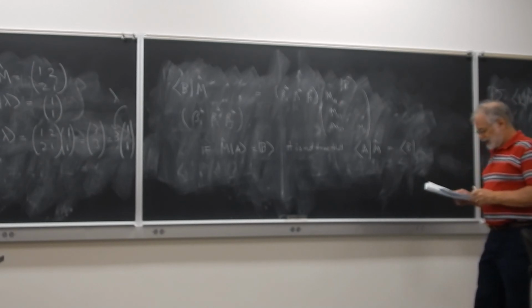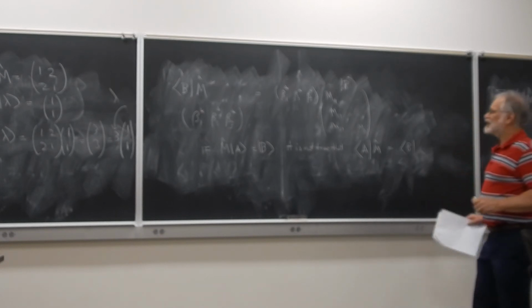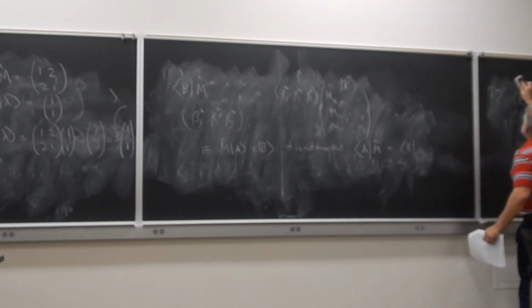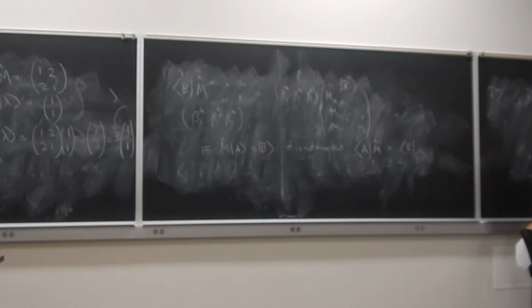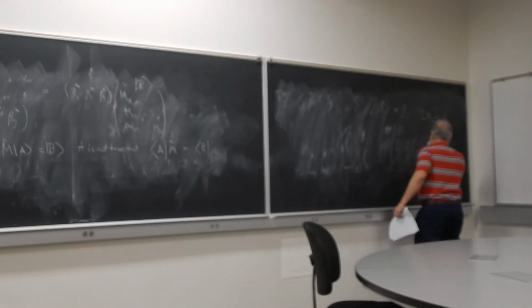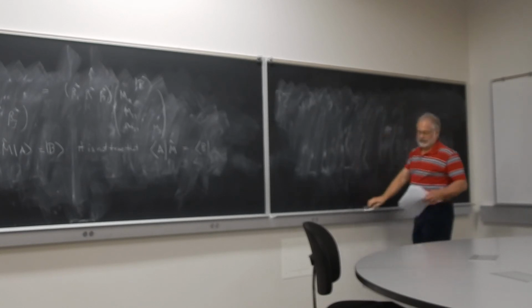Complex conjugation comes into play here. Well, let's examine complex conjugation in terms of operators. They're not just simply numbers, so we can't just take a complex conjugate, at least in that way. We have to be a bit careful.